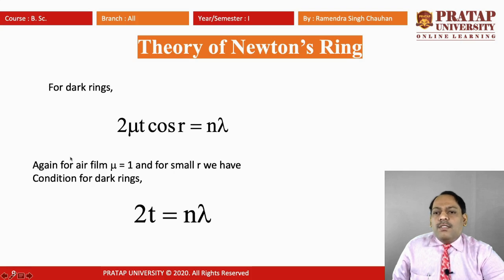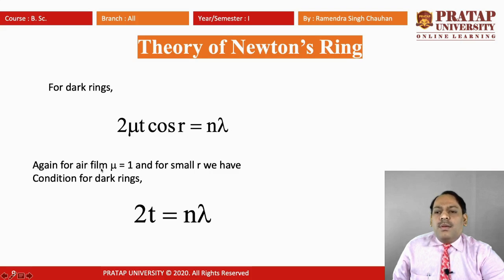Now for dark rings, applying Stokes law, we will get, as no path change is applicable because of Stokes law, 2 mu t cos r will be equal to n lambda.